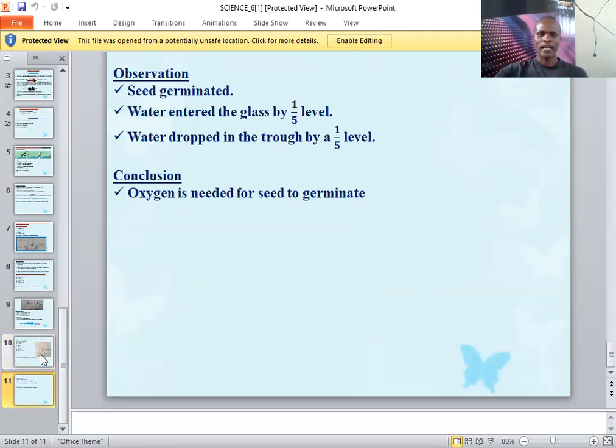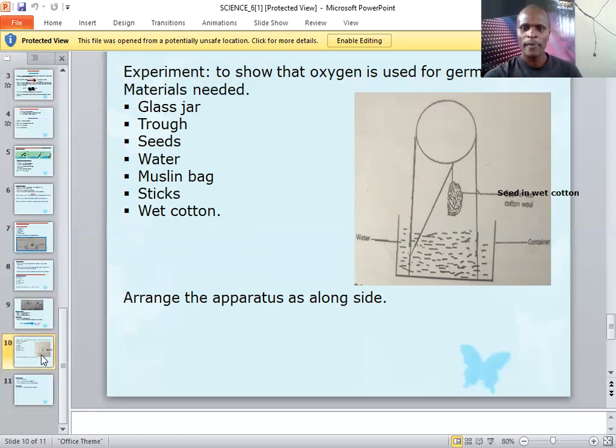Just let me take you back to that experiment so that I can explain why that happened. Now, we say that one of the requirements that we need during germination of seeds was air, and specifically oxygen, okay? When these seeds are left in wet cotton for some 3 to 5 days, the oxygen that is present in the glass will be used by the seeds during germination.